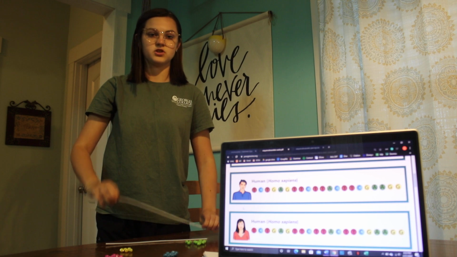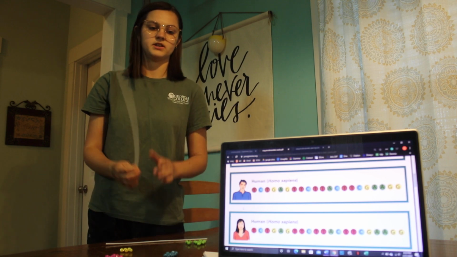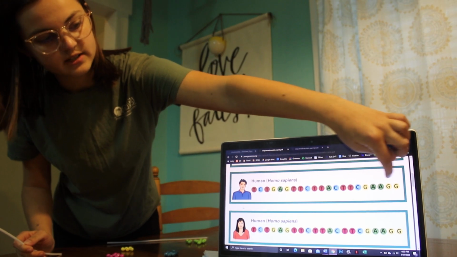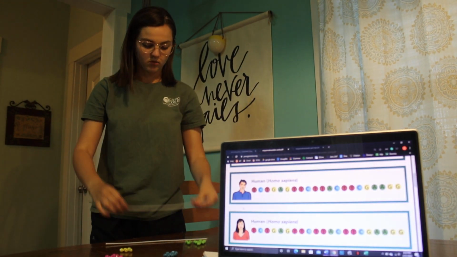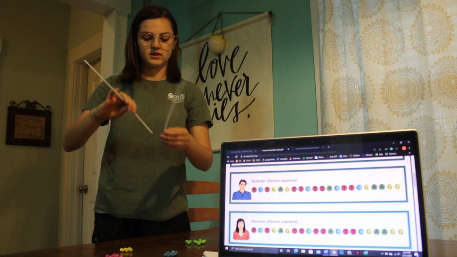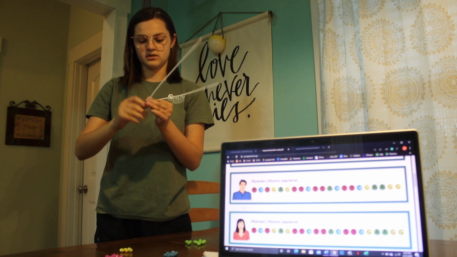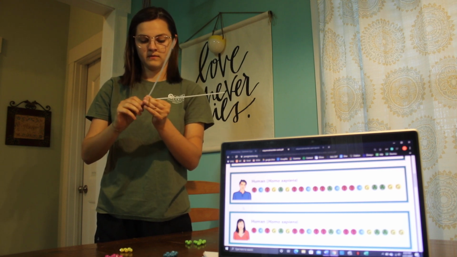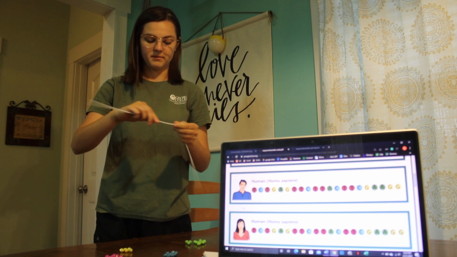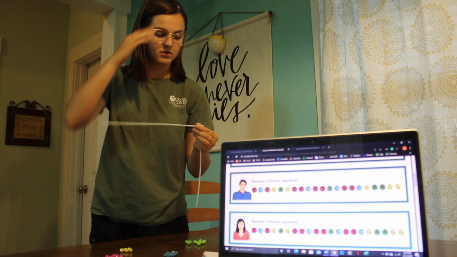Then we're going to take one of our pipe cleaners and put this strand onto our pipe cleaner. What I'm going to do is take 2 pipe cleaners and twist the ends together to start. Then I'm going to take one pipe cleaner and do the sequence.